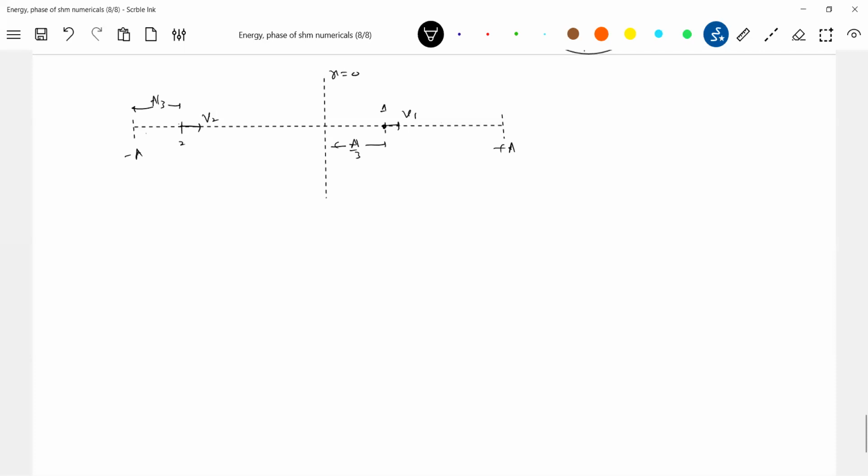What is the time taken to move from 1 to 2? Let capital T be the time period of oscillations.